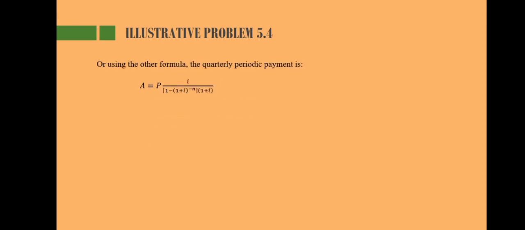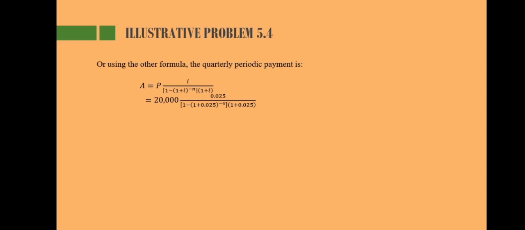5,186.69. Or using the other formula, which is A is equal to P times 1 over the quantity of 1 minus the quantity of 1 plus I raised to the power of negative n times the quantity of 1 plus I. So, same sa ginawa natin kanina, i-substitute lang natin lahat ng given values. So, yung P natin is equal to 20,000.